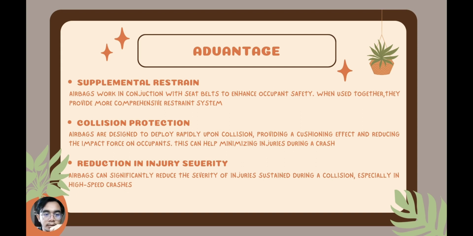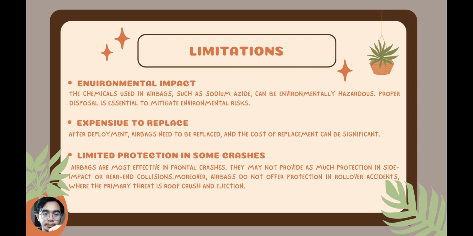Airbags are designed to deploy rapidly upon a collision, providing a cushioning effect and reducing the impact force on the occupant. This can help minimize injuries during a crash. The third one, reduction in injury severity. Airbags can significantly reduce the severity of injuries sustained during a collision, especially in a high-speed crash.